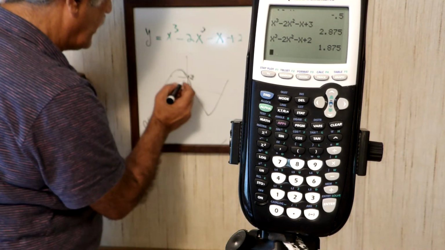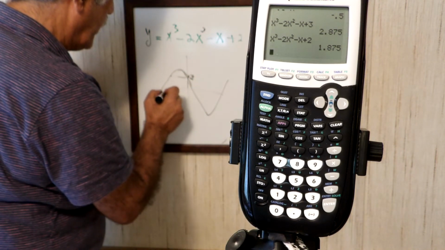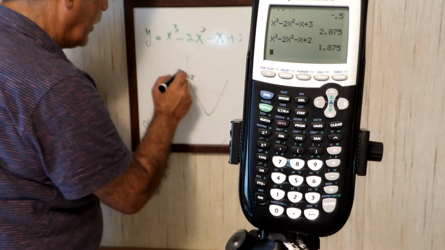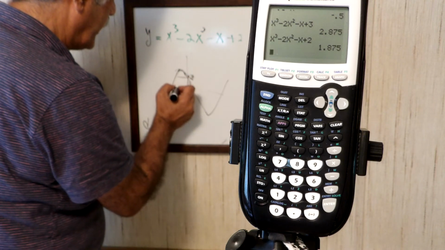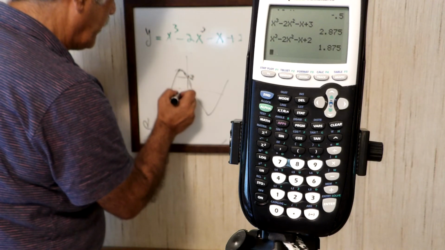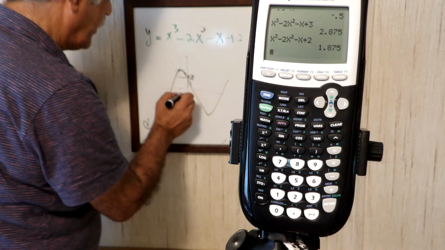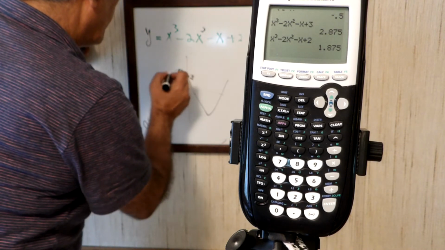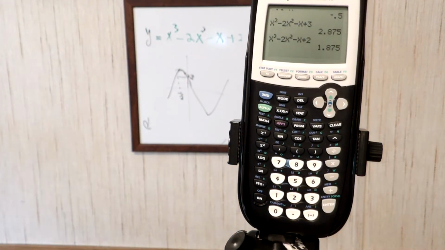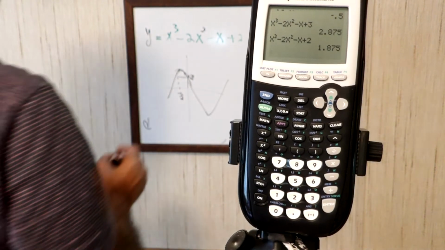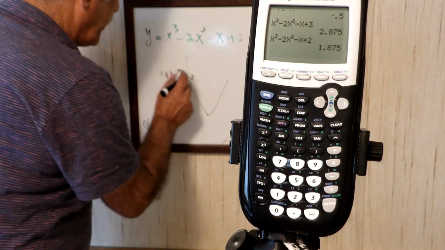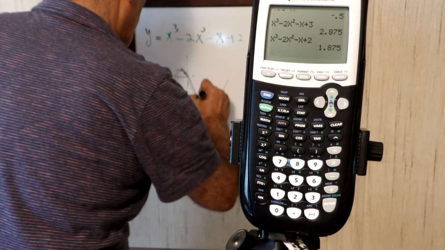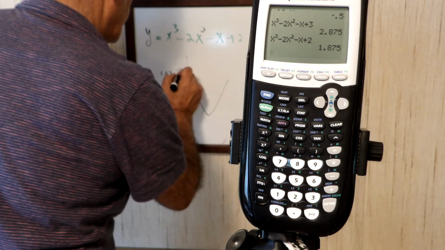Now we choose 1.5 here, okay, minus 1/2. Then we ask what the value is. 1.87. No, actually, this is the intercept. X is equal to 2 is an intercept.